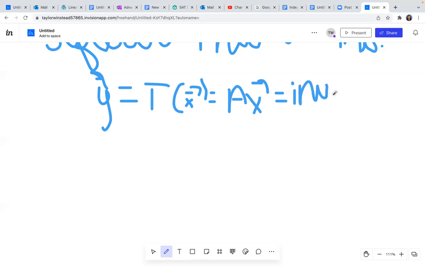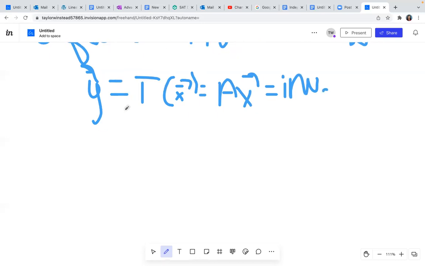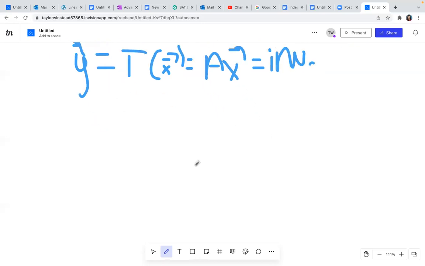You figure out whether the matrix is invertible by looking at how the matrix interacts with this sort of input-output function here.